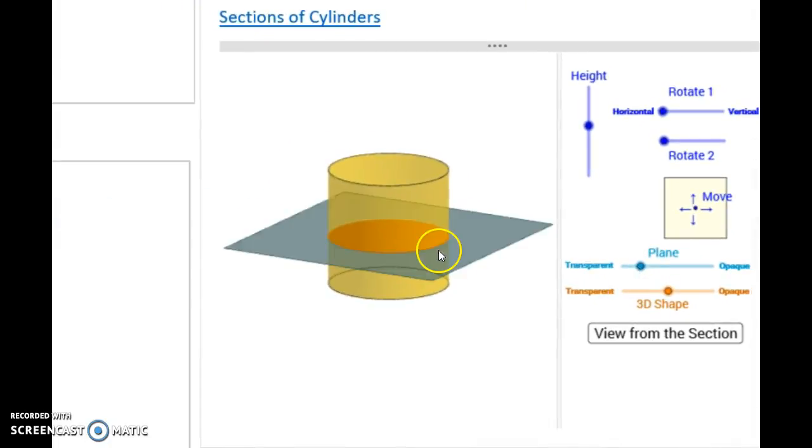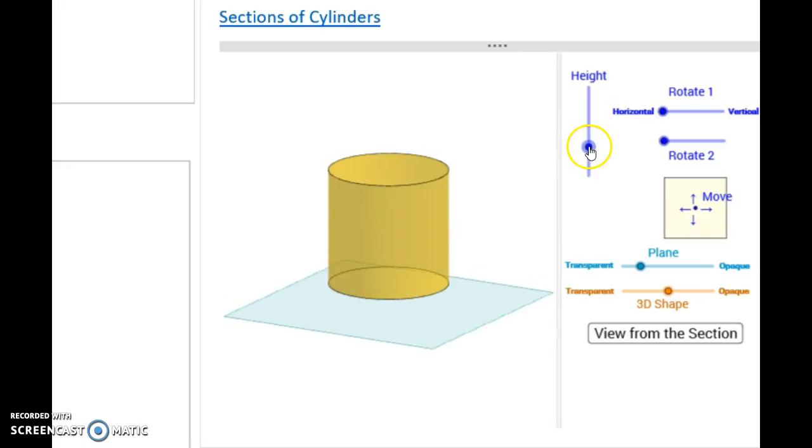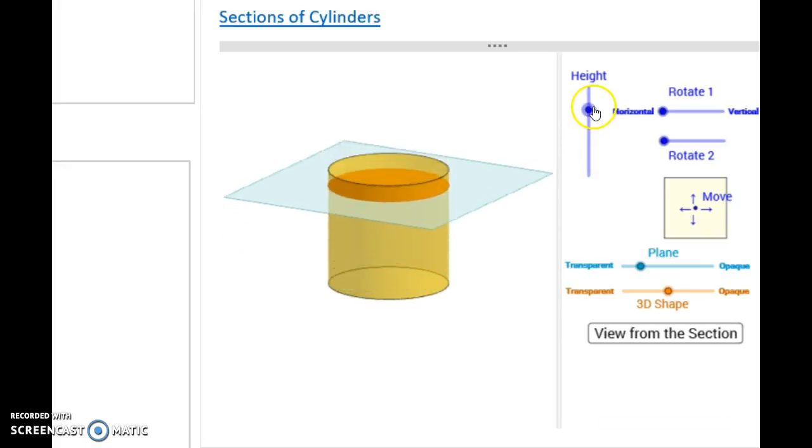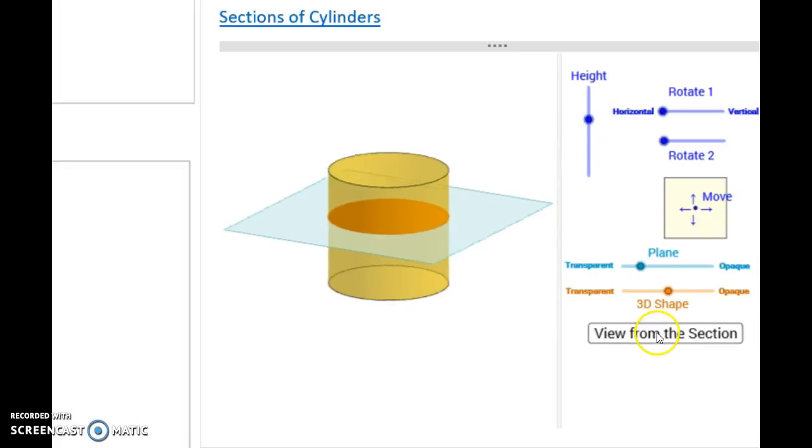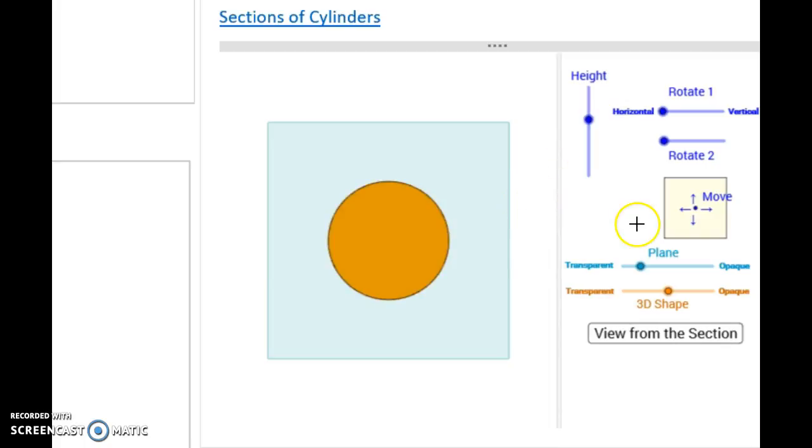Because I'm dealing with a cylinder, my cross-section is now a circle instead of a triangle or rectangle or any other shape. It's just a circle because of the cylinder shape. Again, a similar idea: I can move that along, and I'm stacking circles on top of each other until they accumulate a volume. And looking from the top, we can tell what that base will look like.